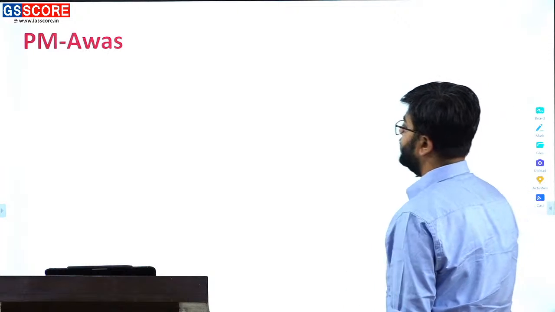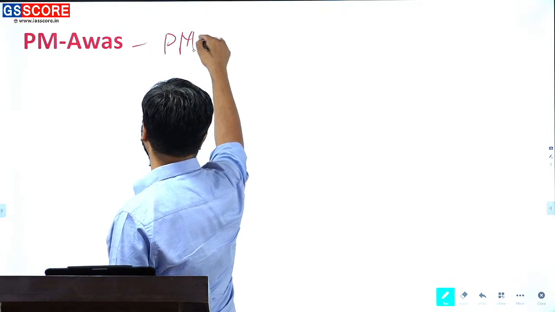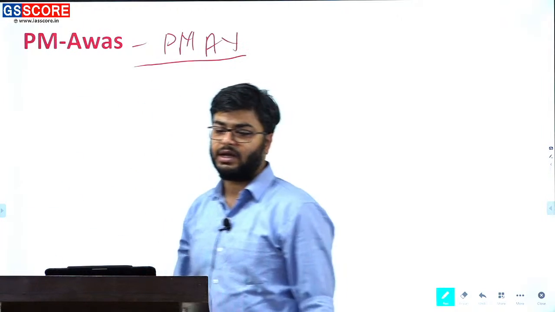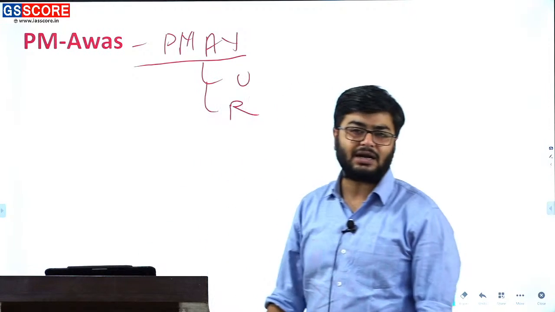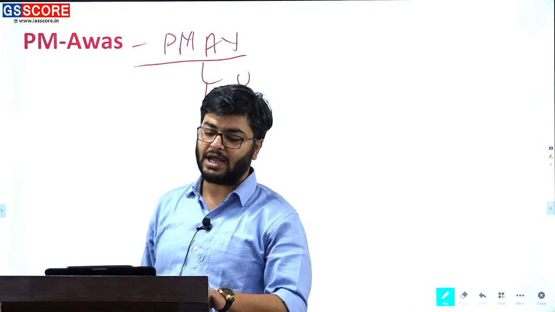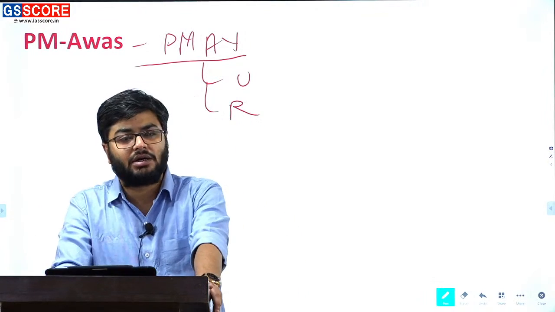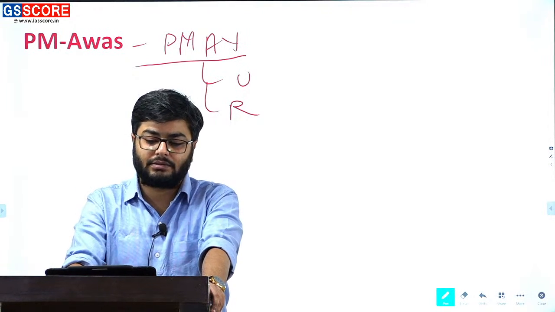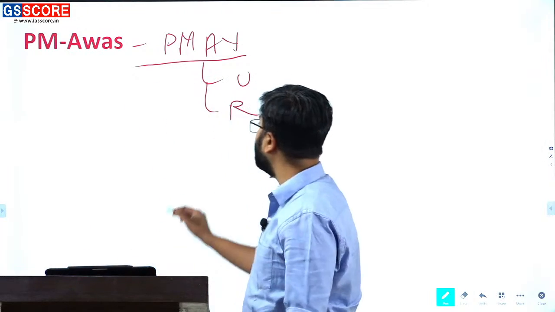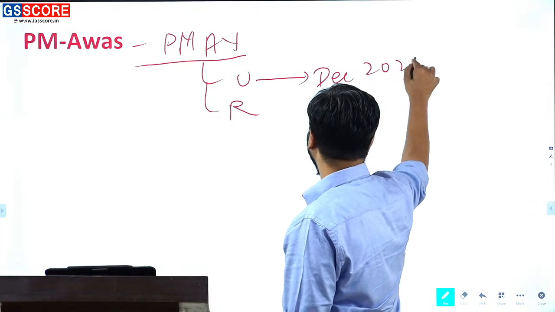Next is another very popular scheme, PM Awas or Pradhanmantri Awas Yojna. It has two components, urban and rural, Shahriya and Grameen. Basically to provide pakka housing with basic amenities to all urban and rural poor. Okay. Interestingly, Pradhan Mantri Awas Yojna urban got extended up to December 2024.